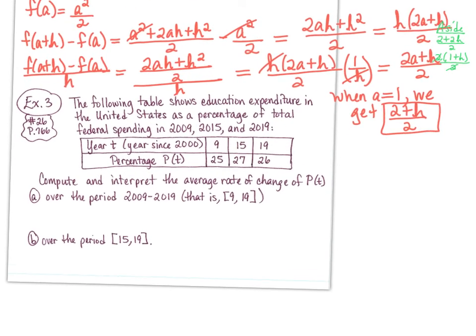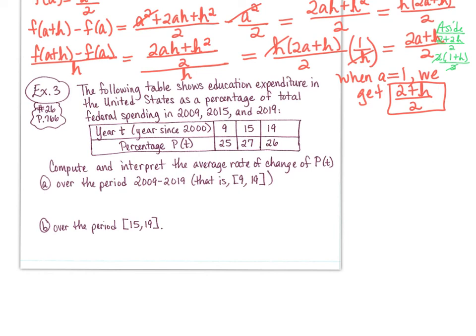Since we're finding the average rate of change, what would the formula be when you apply it here, given that the function is P? P of 19 minus P of 9 over 19 minus 9. Very good.